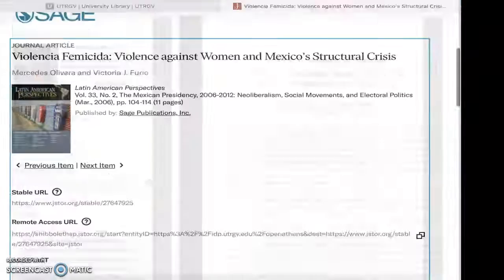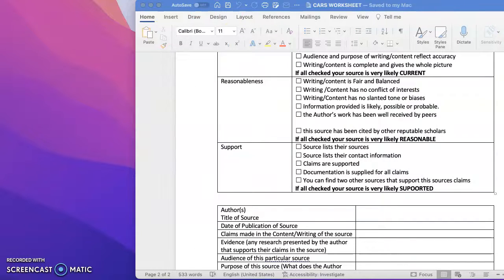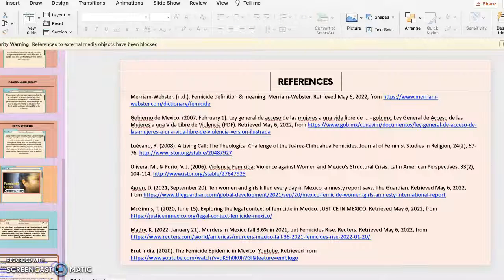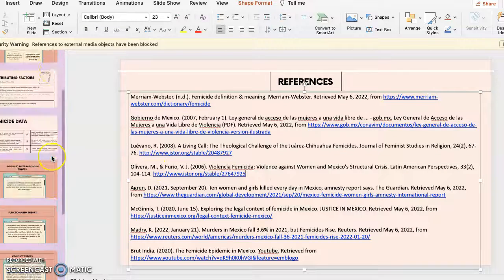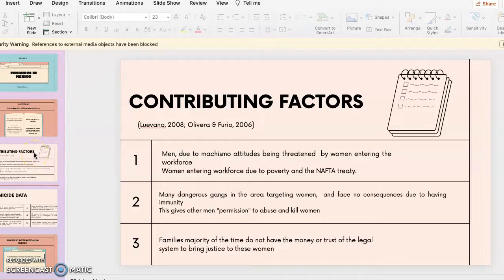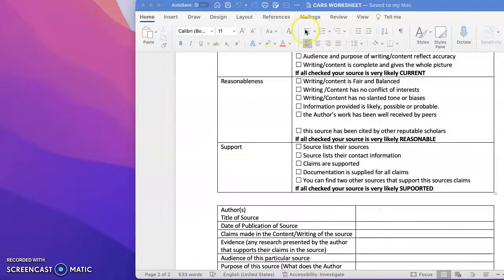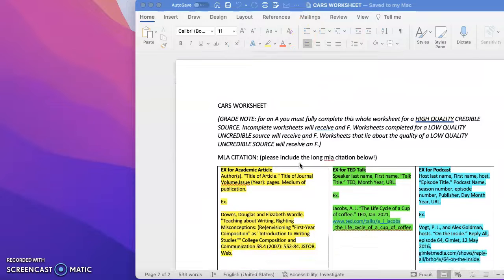I used it for contributing factors of femicide. So definitely very helpful for this class and for any future classes that I have.